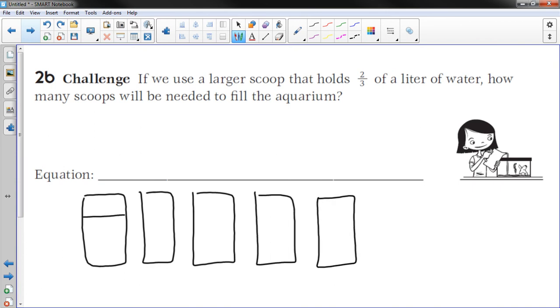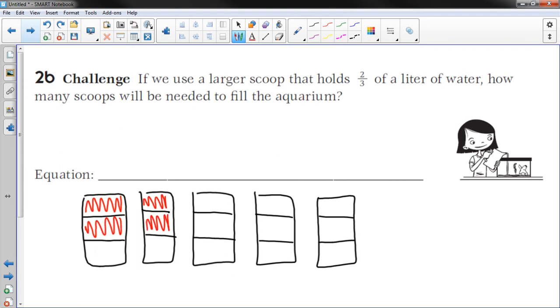I'm going to cut them into thirds. You probably know why. And 2/3 are now how much a scoop is worth.